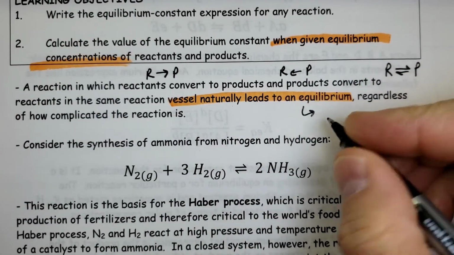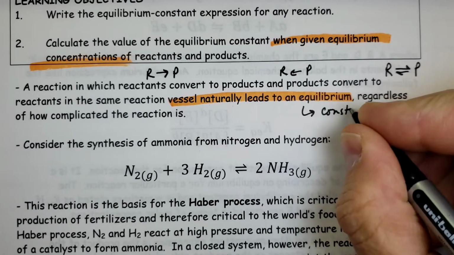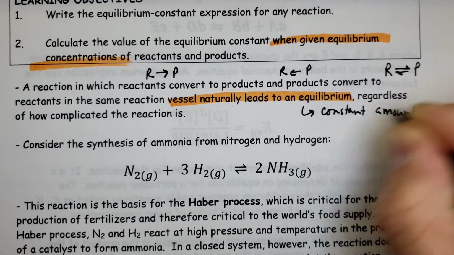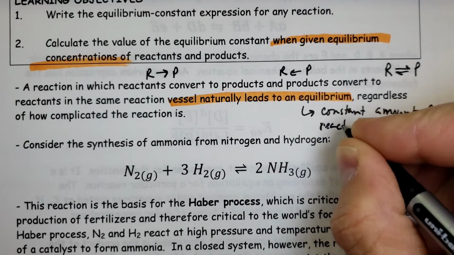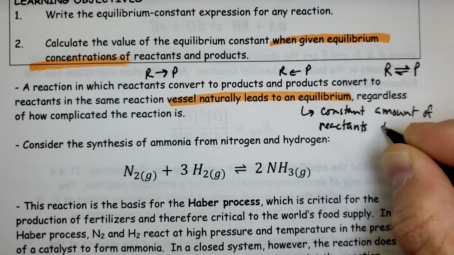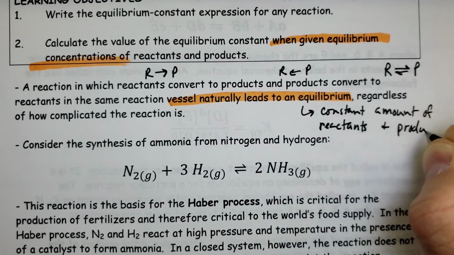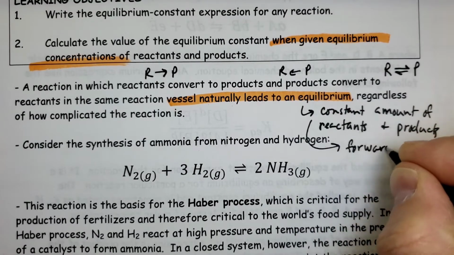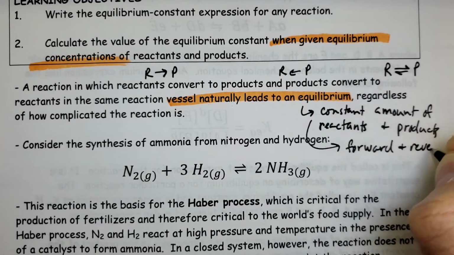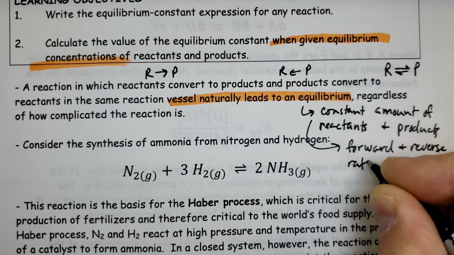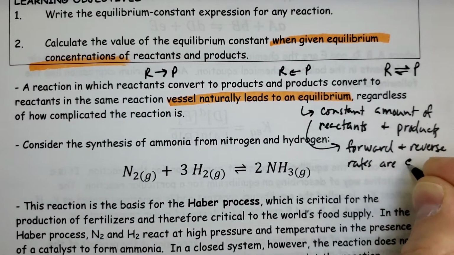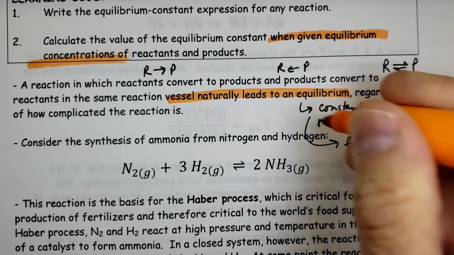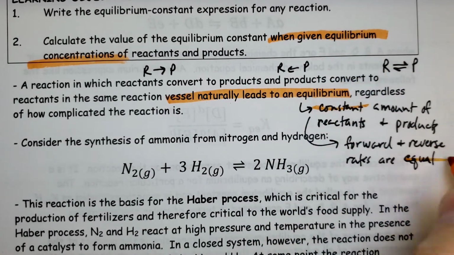And of course, at equilibrium, there is a constant amount of reactants and products, and the forward and reverse rates are equal. So constant amount, equal rates.